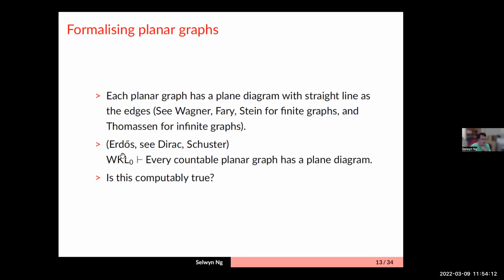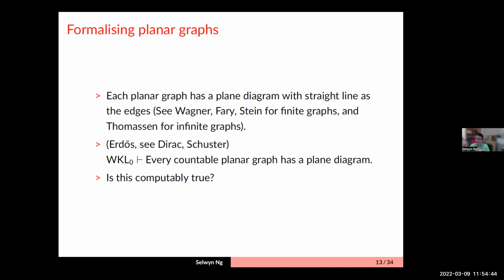How this all comes together is a theorem really observed by Erdős. Of course, he didn't quite state it in this way, but essentially what he observed was that using the usual compactness argument, you can show that every countable planar graph has a plane diagram. The reason this is true is that if you're constructing a plane diagram in stages, and you have a finite plane diagram of a finite subgraph, then there are only finitely many faces that it generates.